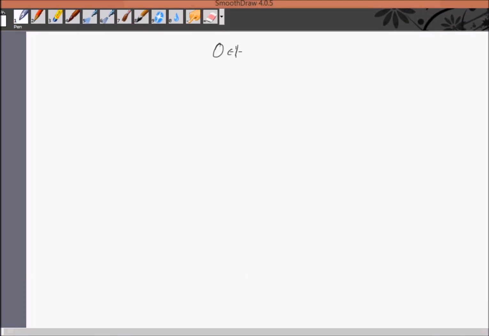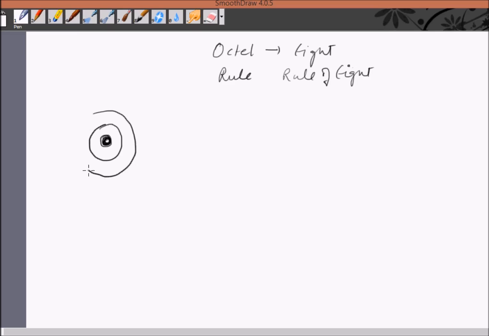So friends, what is octet? Octet means 8, and Octet Rule means rule of 8. In the last few sessions we learned about the arrangement of electrons by Bohr's atomic model, that this is a K shell with 2 electrons, this is L shell with 8 electrons.